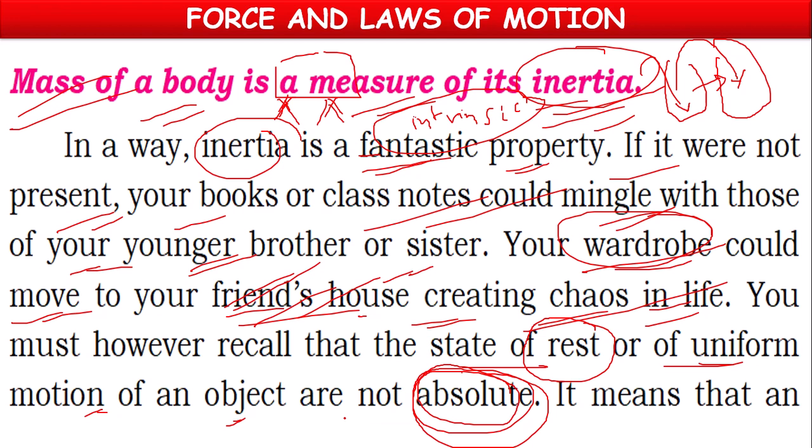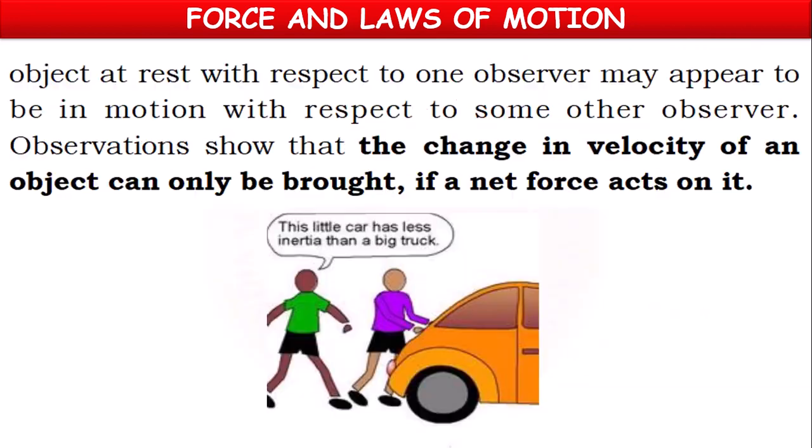It will change from person to person. So they are relative terms. It means the object which is at rest with respect to one observer may appear to be in motion with respect to some other observer.